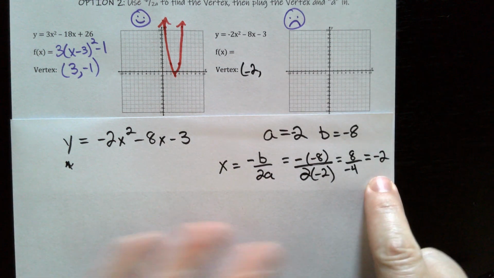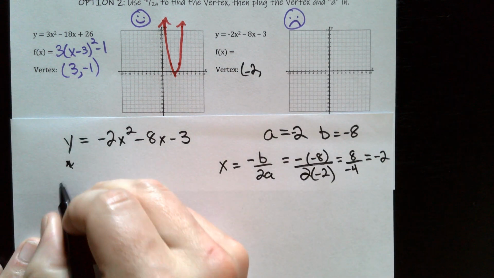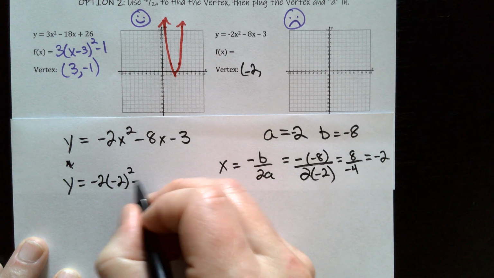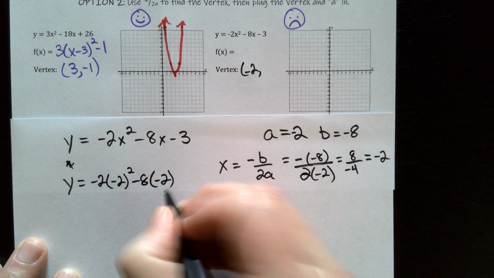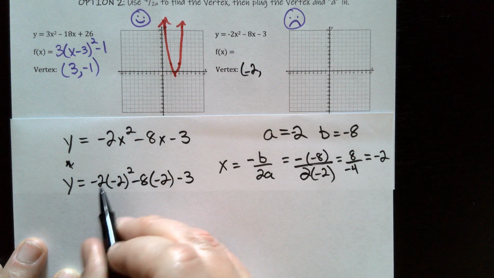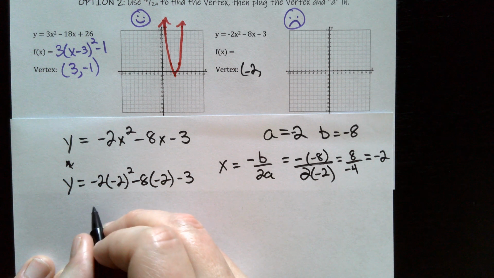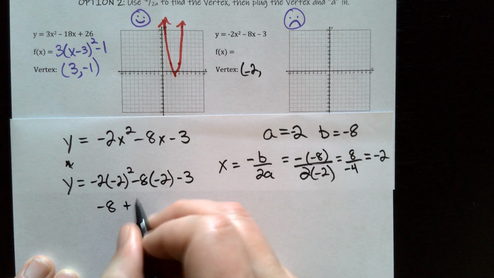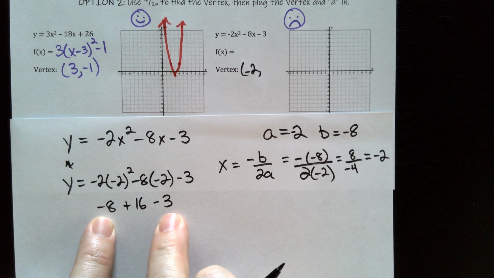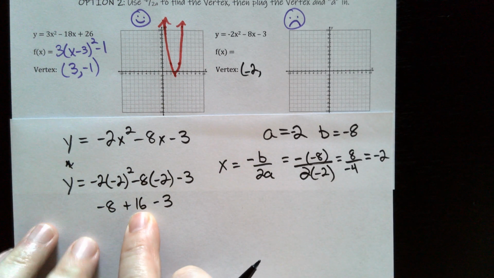We can plug that negative 2 into the function to get our y. So y is equal to negative 2 times negative 2 squared minus 8 times negative 2 minus 3. Let's see. This will be positive 4 times negative 2 is negative 8. So negative 8, this will be positive 16 minus 3. So those two give us negative 11, and this is positive 16, so it's 5.